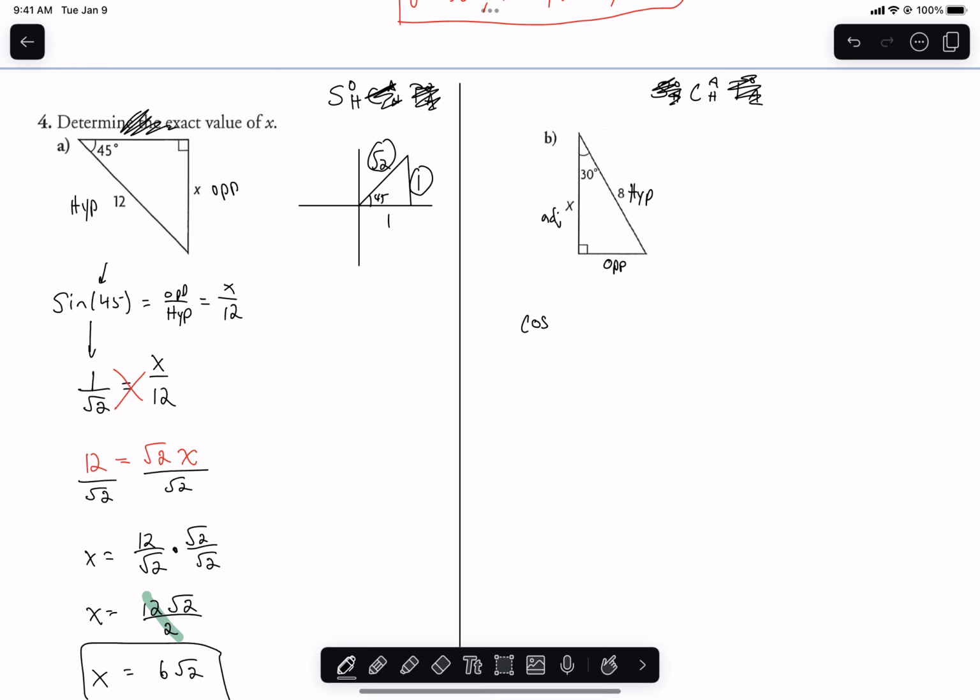So the cosine of 30 degrees is going to be, again, just like the last question, adjacent over hypotenuse, which relative to this triangle is going to be x over 8.